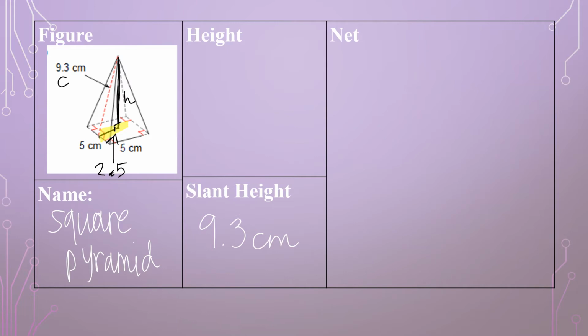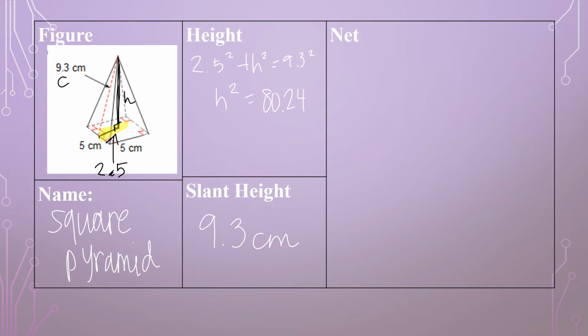The height of this square pyramid we have to figure out by using the Pythagorean theorem. So we can do a squared plus b squared equals c squared. With 2.5 squared and 9.3, I would subtract the 2.5 squared, so I would get h squared, my height, equals 9.3 squared minus 2.5 squared in my calculator, and make sure that you do it that way.